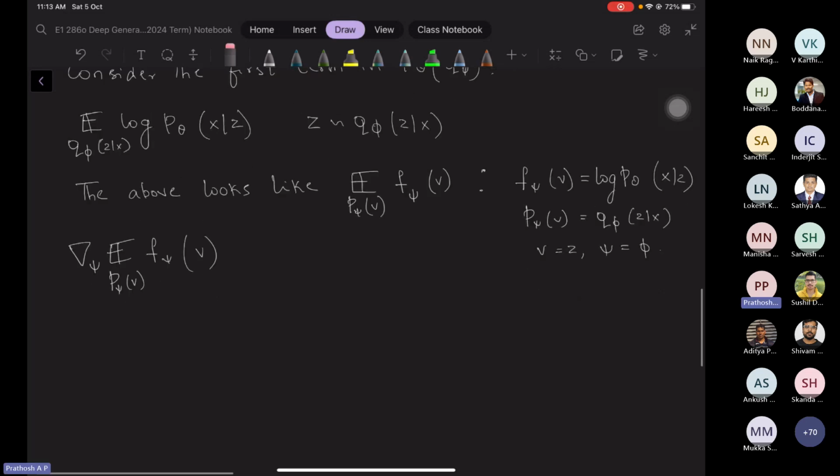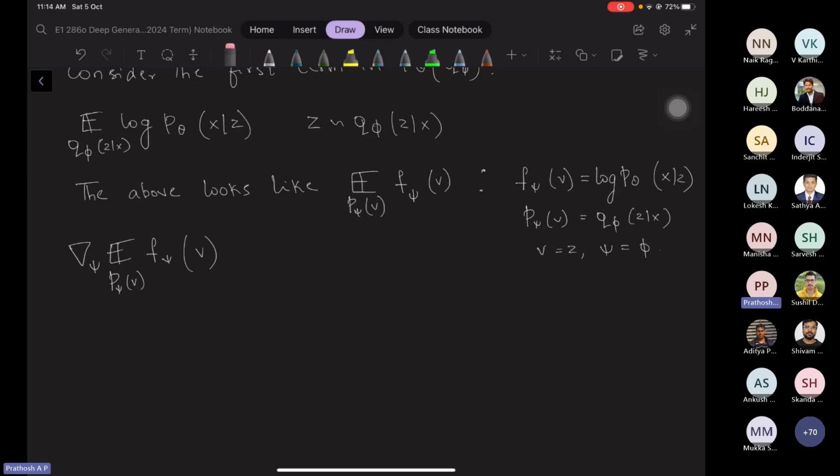So let us write this down. Sir, sorry to interrupt, instead of going for psi, can't we straight away use phi? Otherwise, it will be a bit confusing. The reason I didn't use phi was that phi has been taken as the encoder parameters. I can do that, but I have written it down, so let us keep it that way.